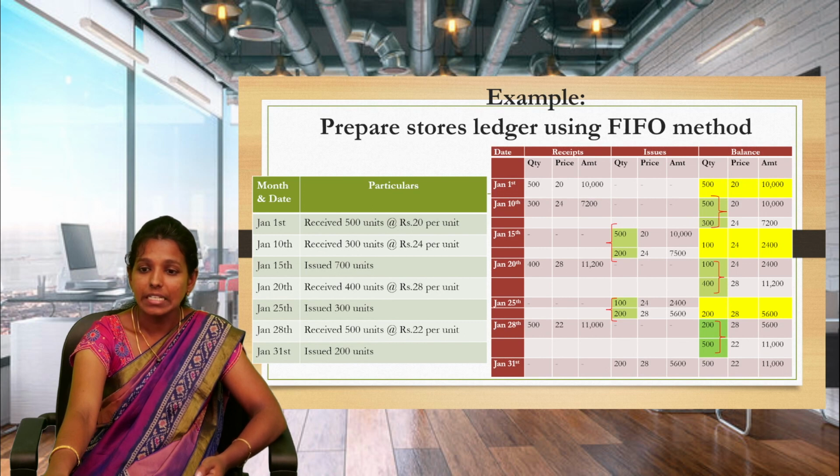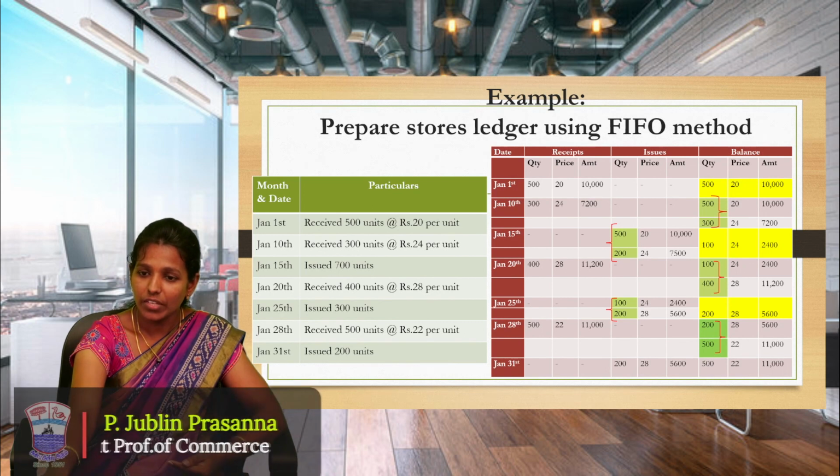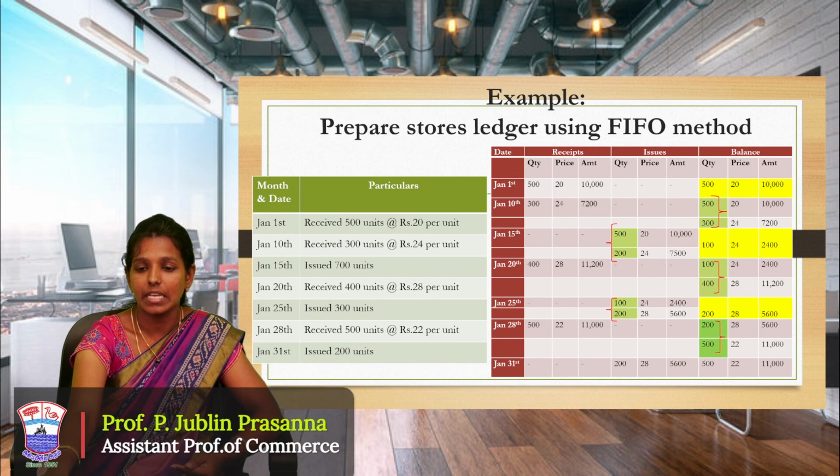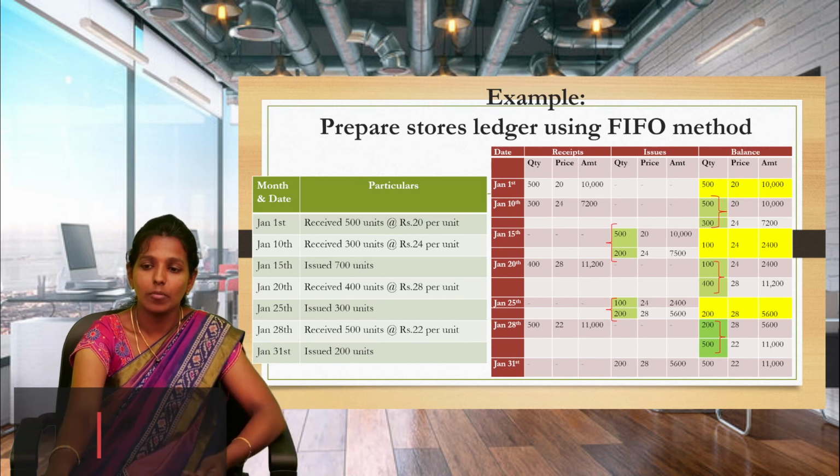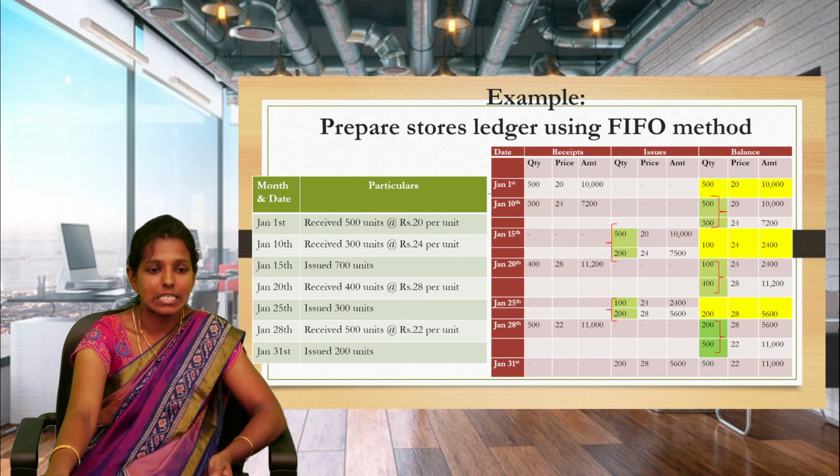The remaining I need is 200 units. So out of that 400 units, I am taking 200 units at the rate of rupees 28, which amounts to rupees 5,600. So out of 400 I am taking 200, the remaining will be 200 units at the rate of rupees 28, which amounts to rupees 5,600.